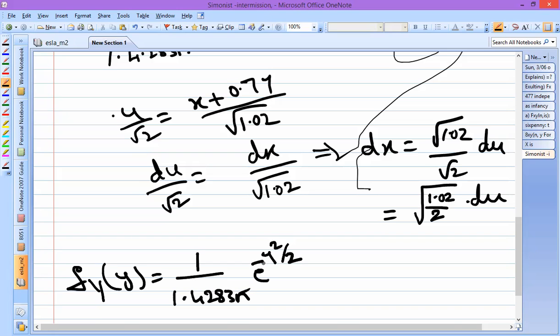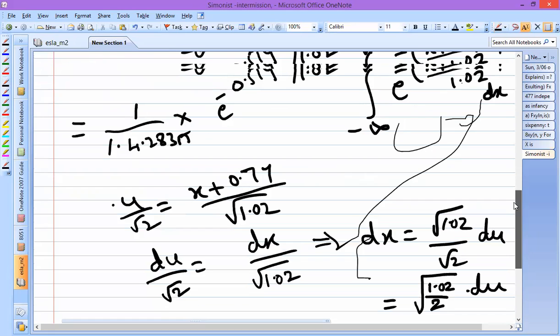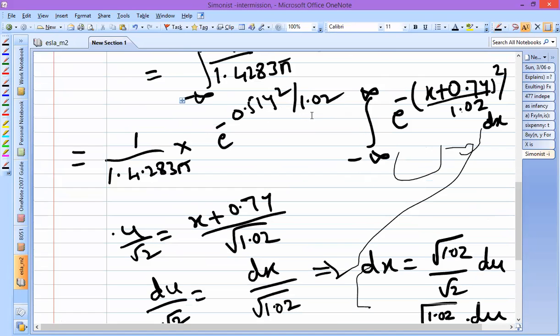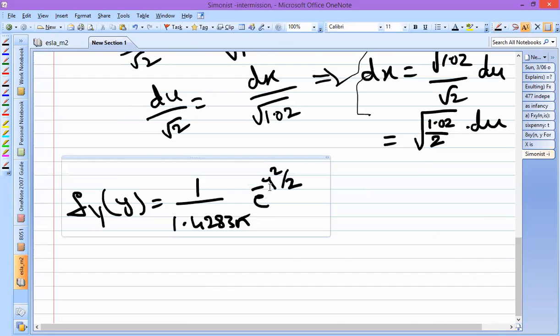What we had was 0.51 divided by 1.02. When you divide 0.51 by 1.02, it will give y square by 2 itself. So we are going to replace that 0.51 divided by 1.02 as 1 by 2. So we'll be getting exponential minus y square by 2. These are the terms which are present outside the integral.